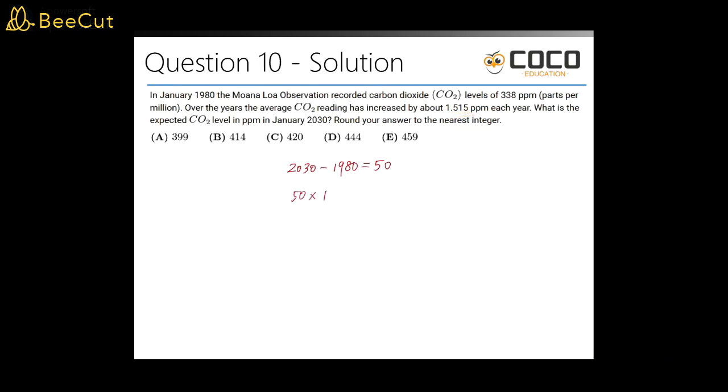Let's find the increase. 50 times 1.515, that's 75.75. So the starting value is 338 plus 75.75 equals 413.75. They want us to round it to the nearest integer, so it's 414. We choose option B.